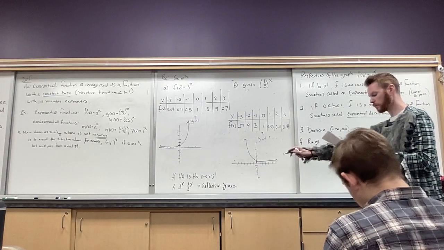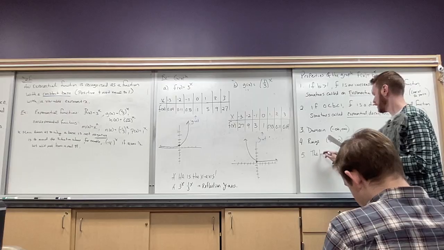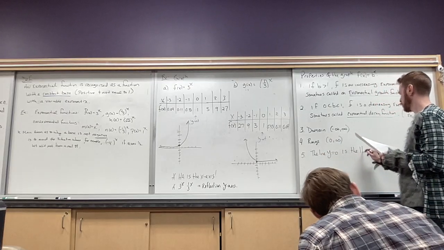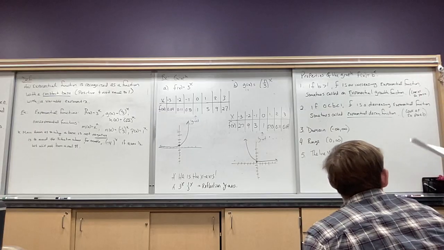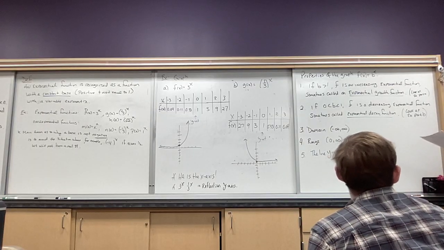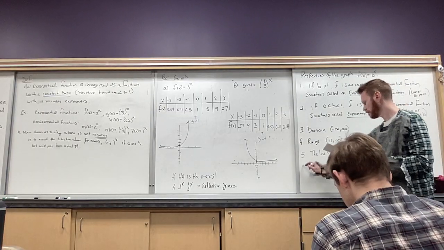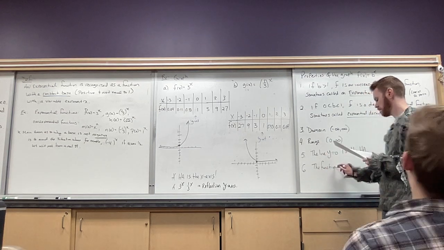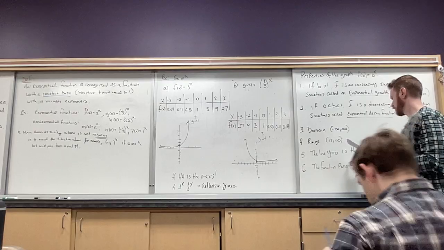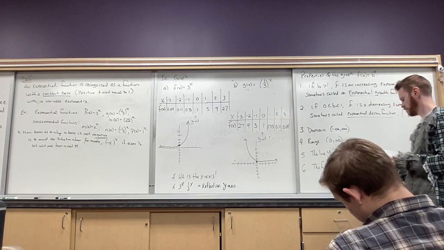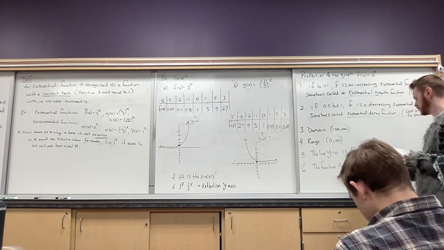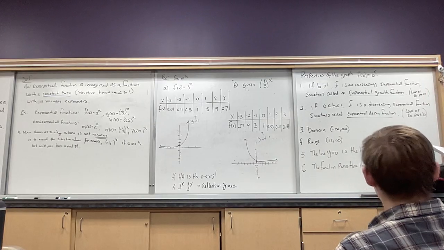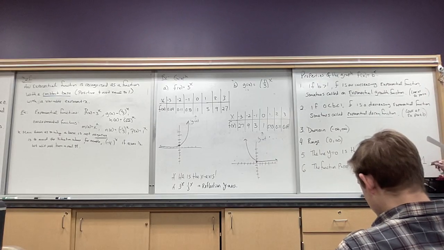Next, kind of like what I wrote down there, the line y equals 0 is the horizontal asymptote. And the last little property we could talk about, the function passes through the point (0, 1) because, bless you, b to the 0 power is 1.